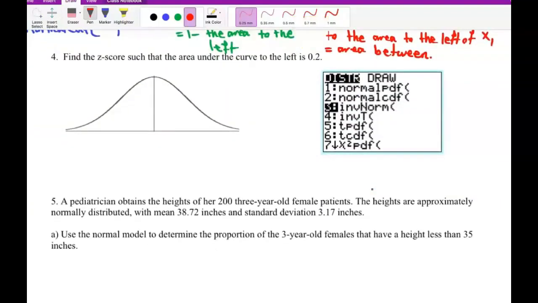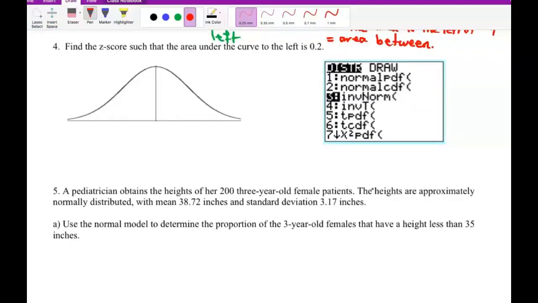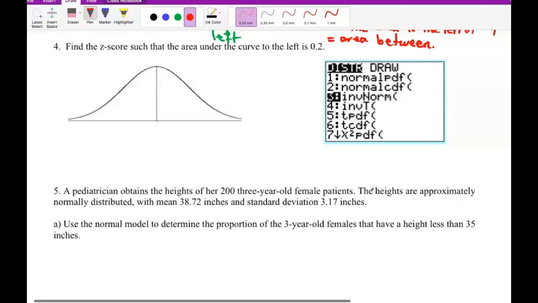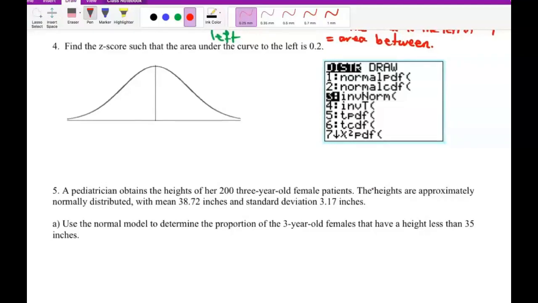Okay. Now, number four. Number four, we need to find z score such that the area under the curve to the left is 0.2. Okay, so on this part we have area, and we need to find z score. So find z score, and the area is 0.2 or 20%.